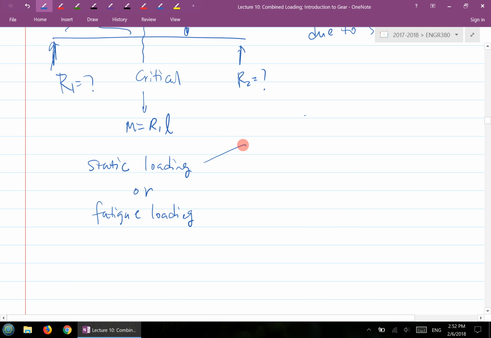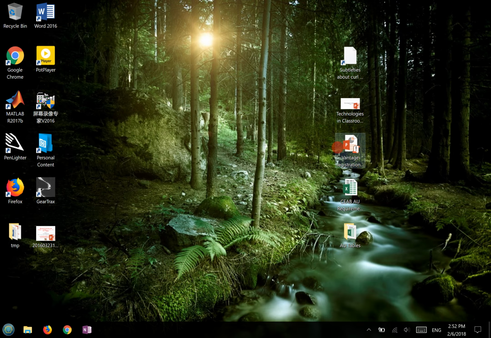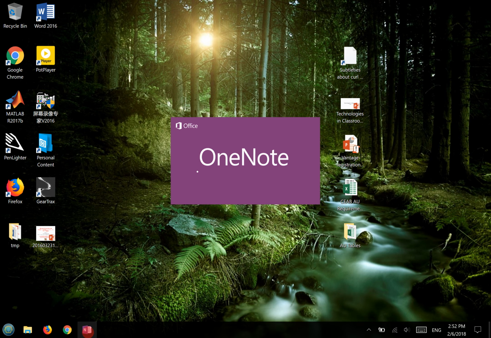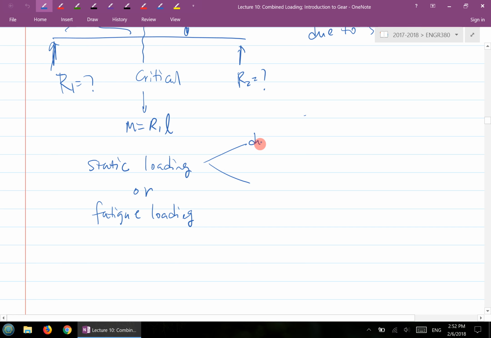When it's static loading, you then have to ask yourself, is it a ductile material or a brittle material? If it's a ductile material, how many failure theories are associated with it? Two, and they are called MSS and DE.